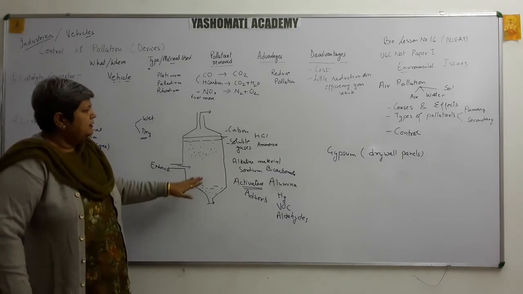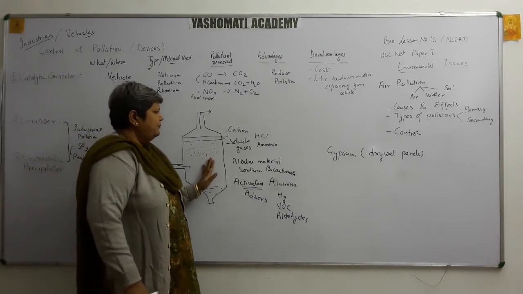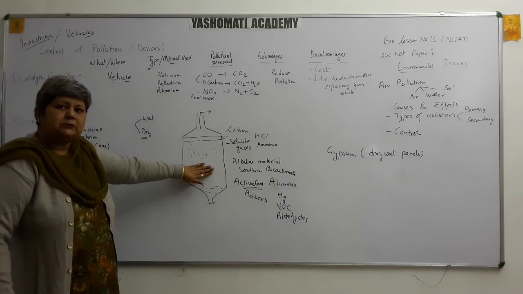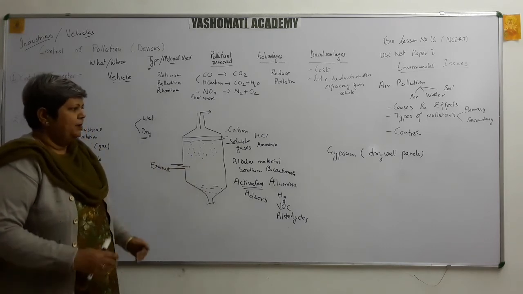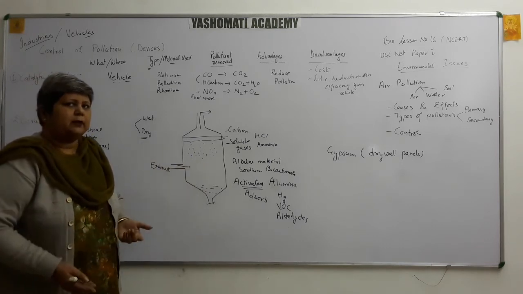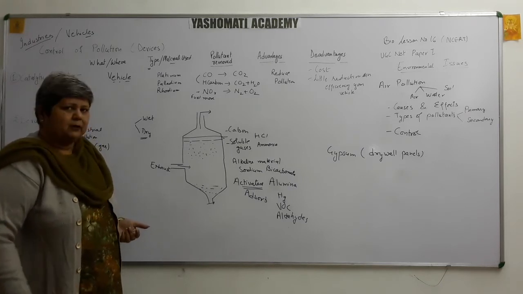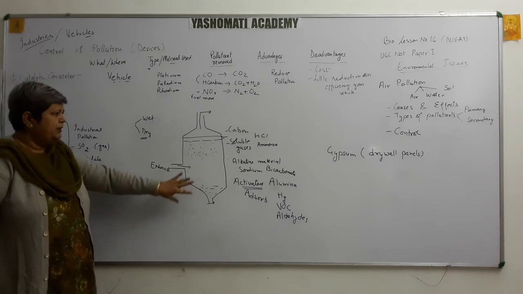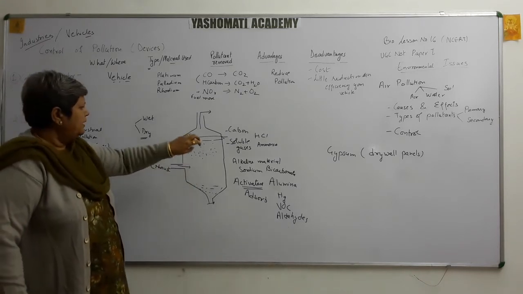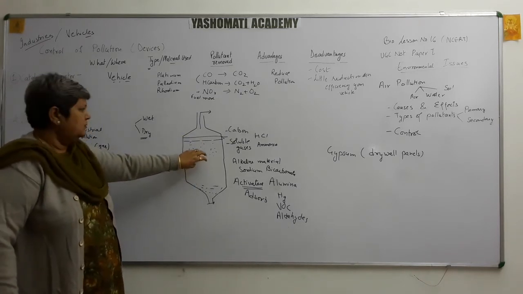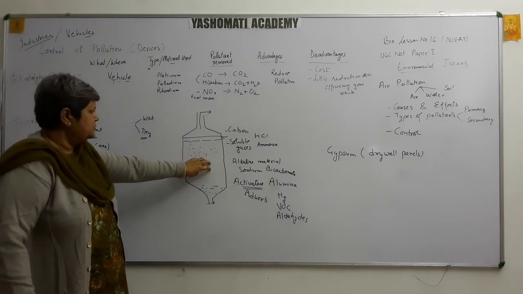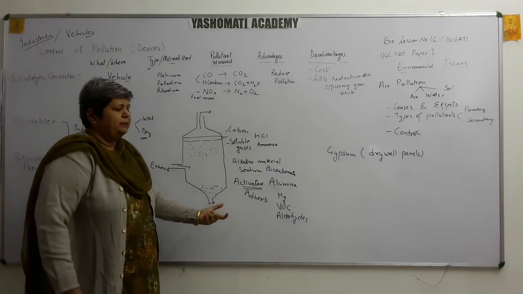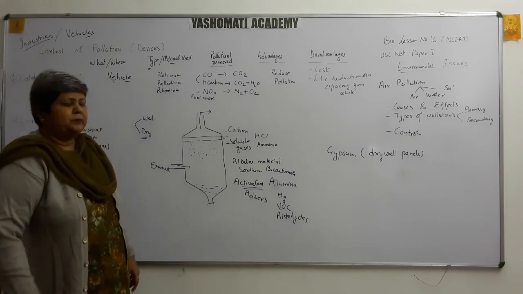So this is how these types of devices help us in removing the pollution, as well as we may get some useful product out of it as a byproduct, or it can be used for heating the boilers also, because we are capturing the specific heat of the steam which is being produced here. Because water will be capturing the heat, and that can be utilized for other purposes also.